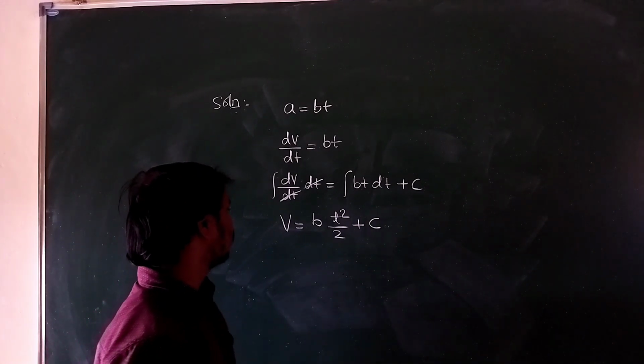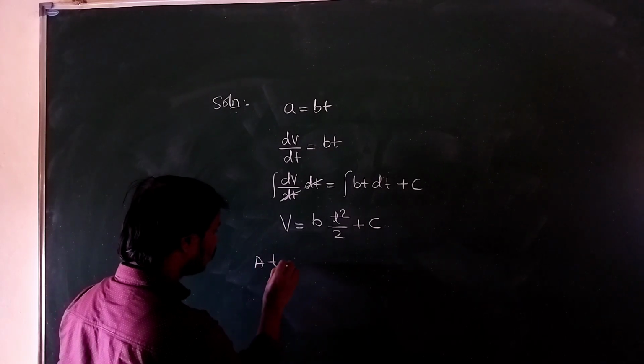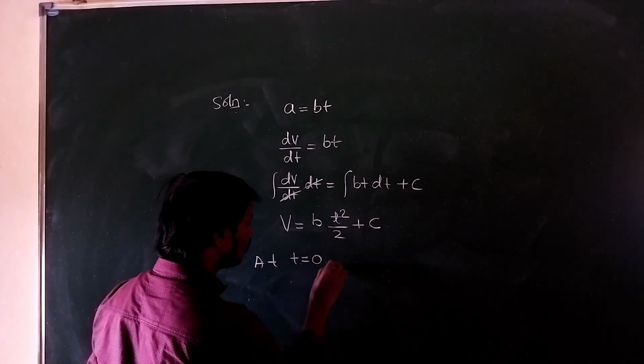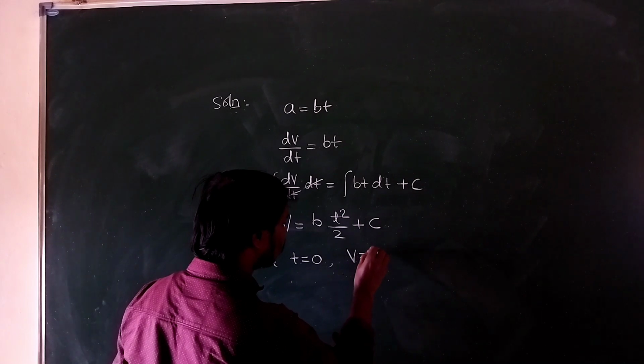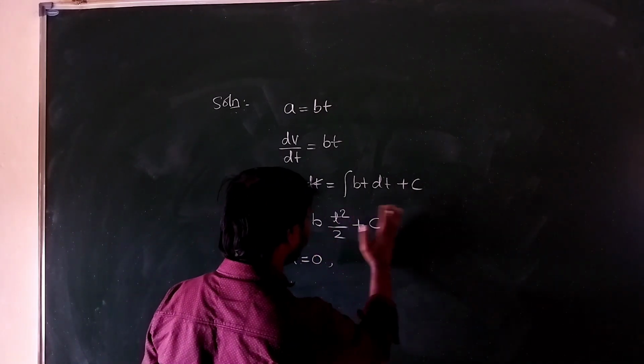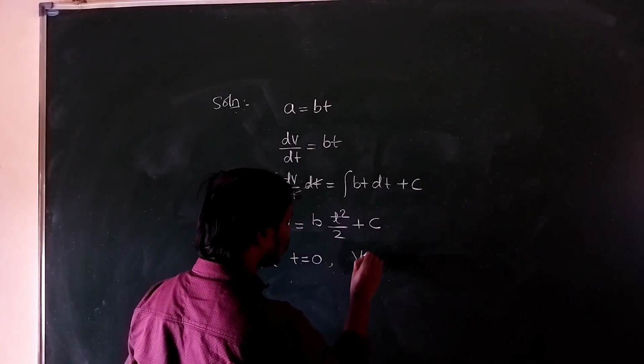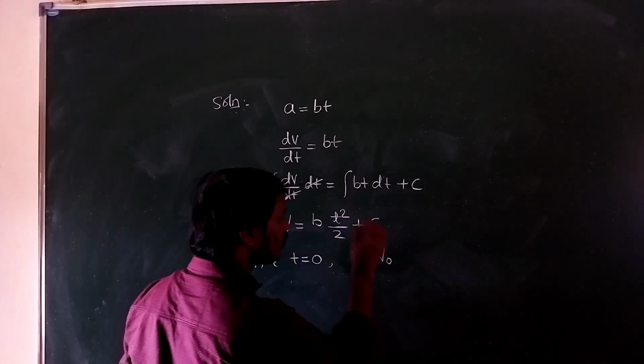Now see here, initial time can be taken as 0. At the time t equal to 0, the initial velocity of the particle can be taken as v naught.